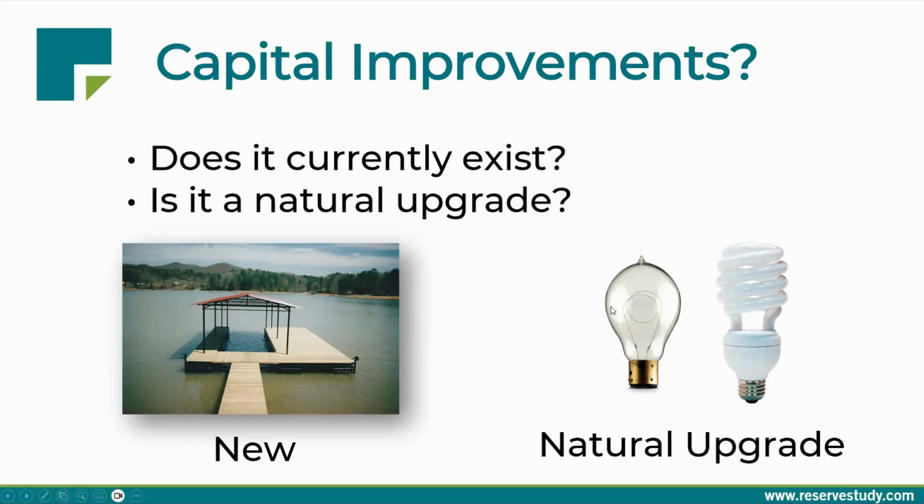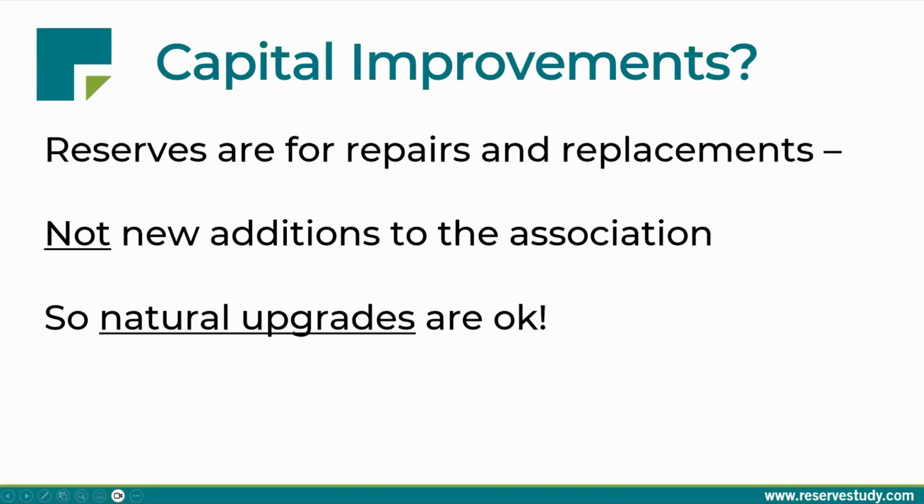Replacing an incandescent light with a fluorescent or LED might be more expensive but uses less electricity. So just remember, whether the asset or project exists is the key distinction. Remember that reserves offset ongoing deterioration of existing assets. Reserves are not a slush fund to be used to buy new things for the association. If your boards ever have a question on this issue, they should reach out to their reserve study provider.